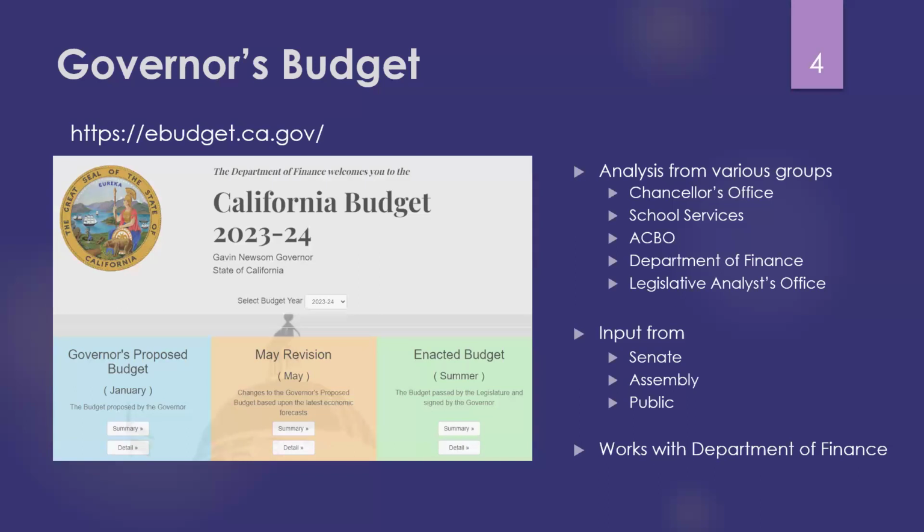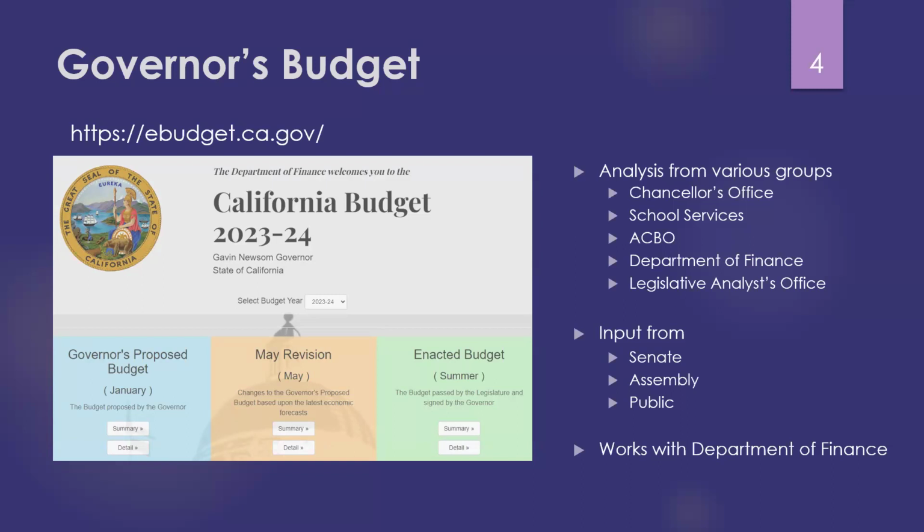And each one has a different focus on what they're looking at for the budget. It's a nice way to not have to be overwhelmed with the budget information, but try to find pieces that maybe focus on school, or if you're focused on healthcare, or other components of the budget information. There are groups that focus on those areas to help make it a little bit more manageable and palatable, I think, to understand.